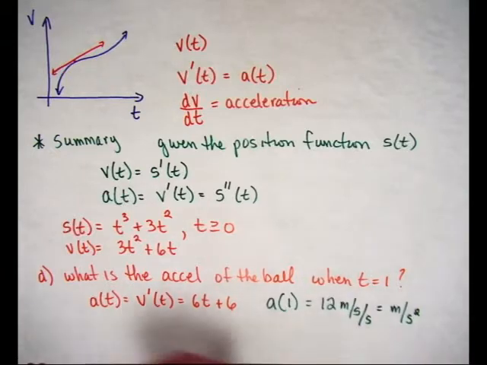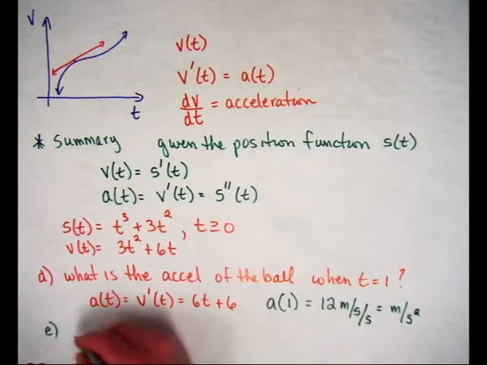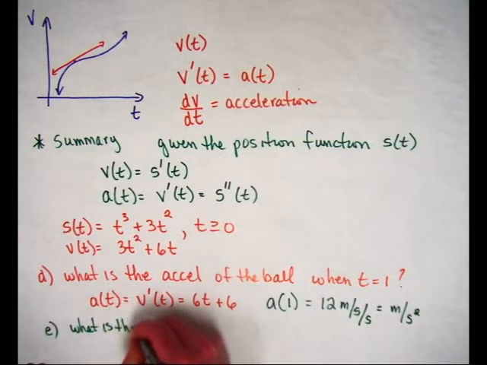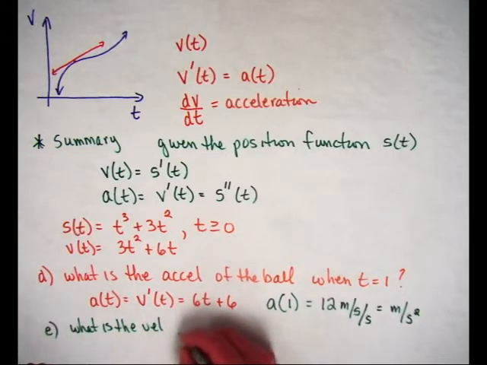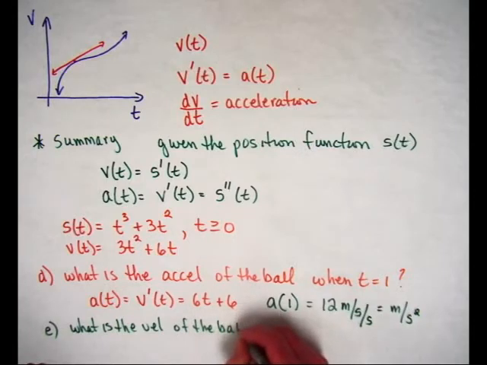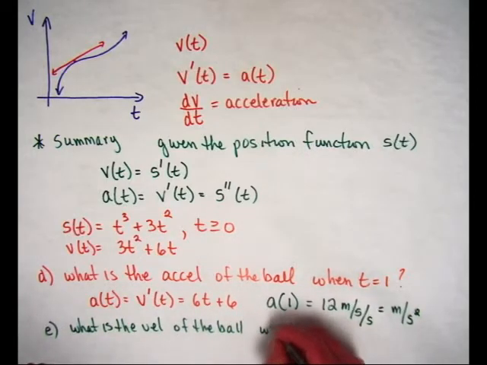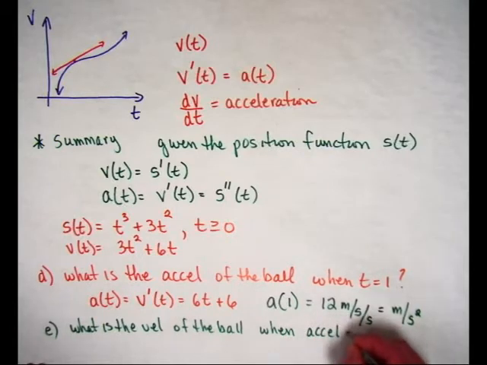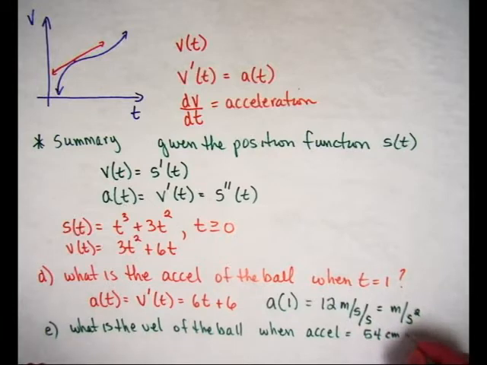We'll do part E. What is the velocity of the ball when acceleration is equal to 54 centimeters per second squared?